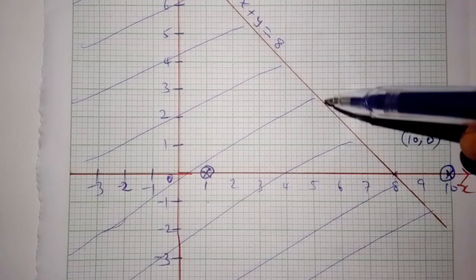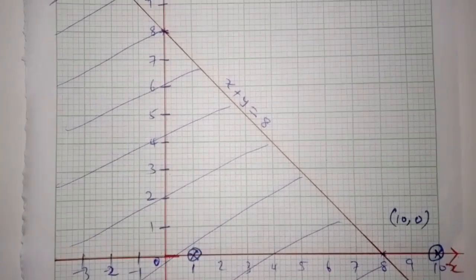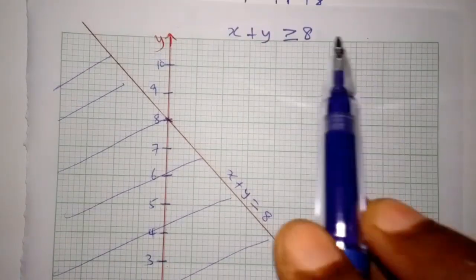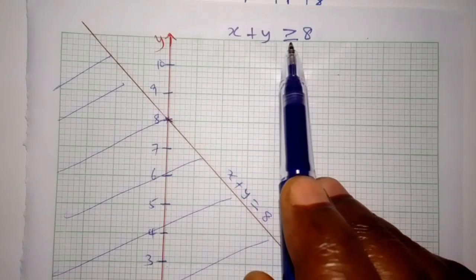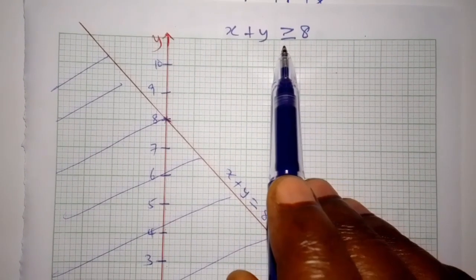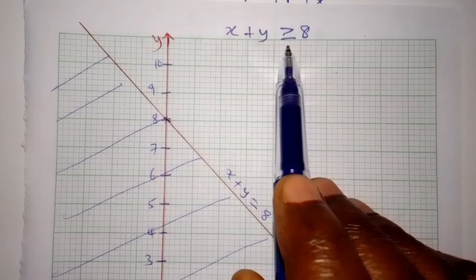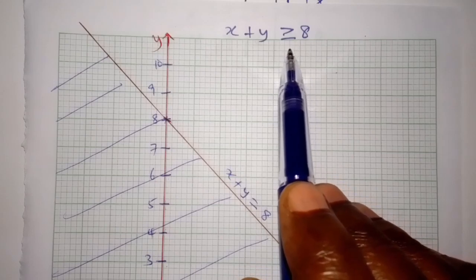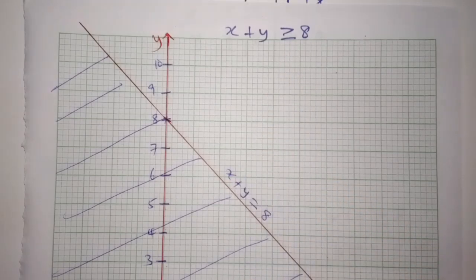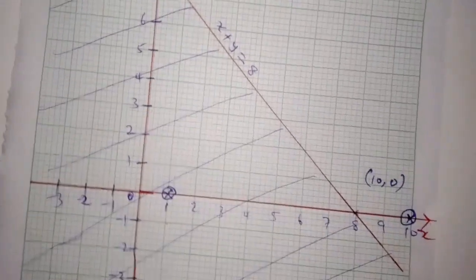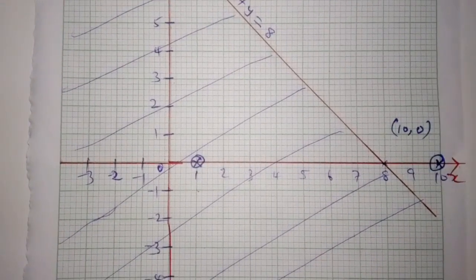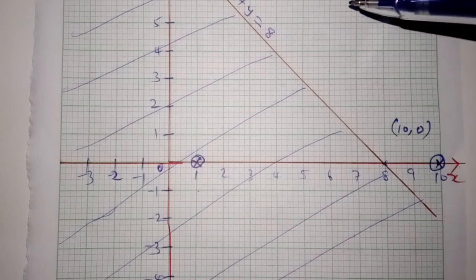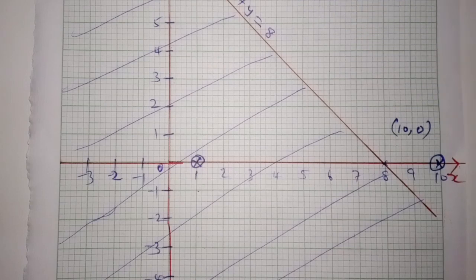This line is unbroken because x plus y is greater than or equal to 8. When it is equal to 8, it means the line is unbroken. So this region satisfies our inequality.